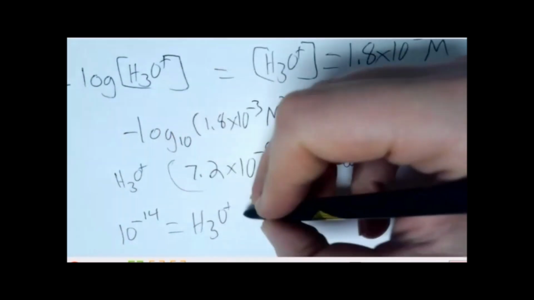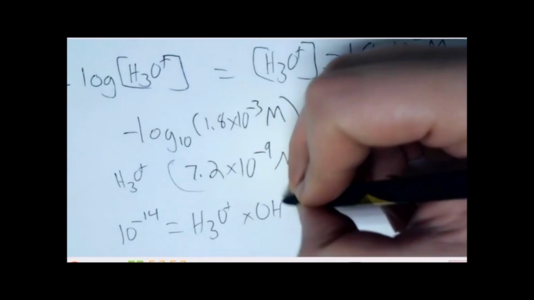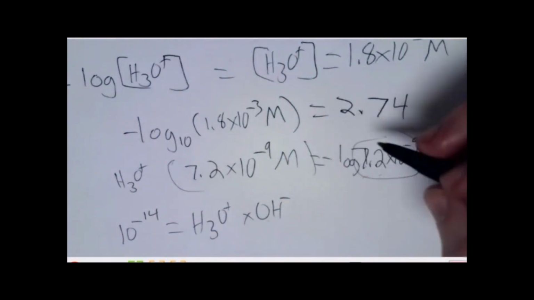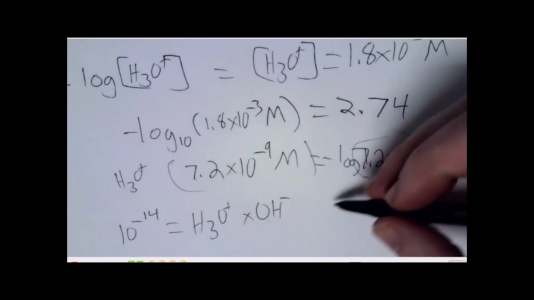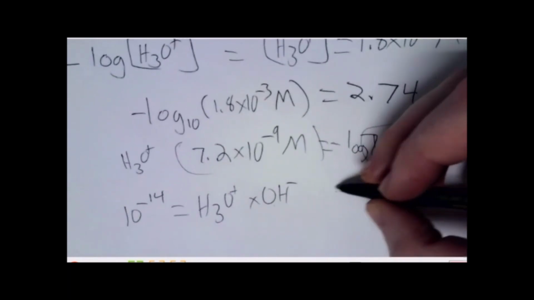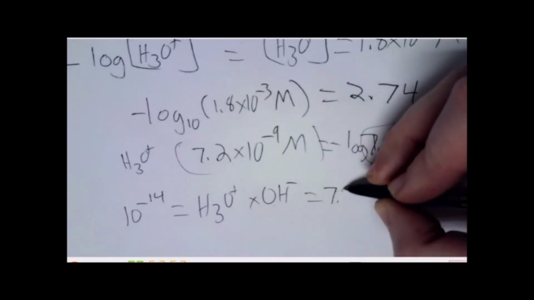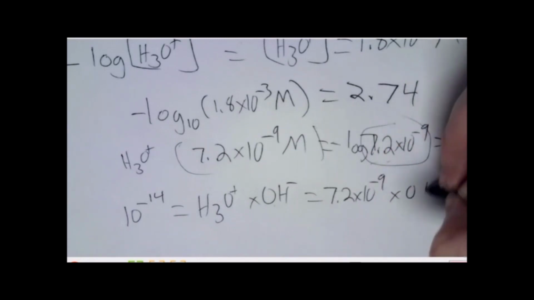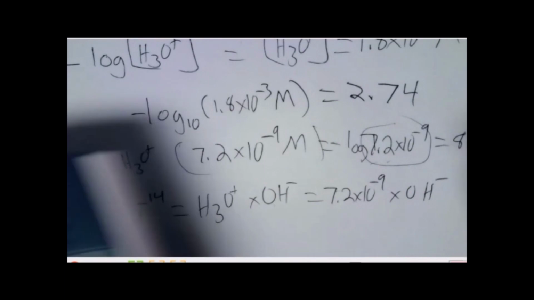And all that's because we have that 10 to the negative 14th equals hydronium times hydroxide. So hypothetically, if this was the concentration of hydronium, what would be the concentration of hydroxide? 10 to the negative 14th equals 7.2 times 10 to the negative 9th times our OH minus concentration.